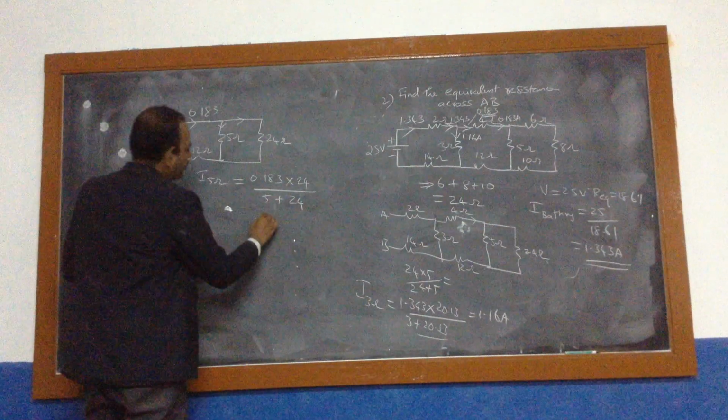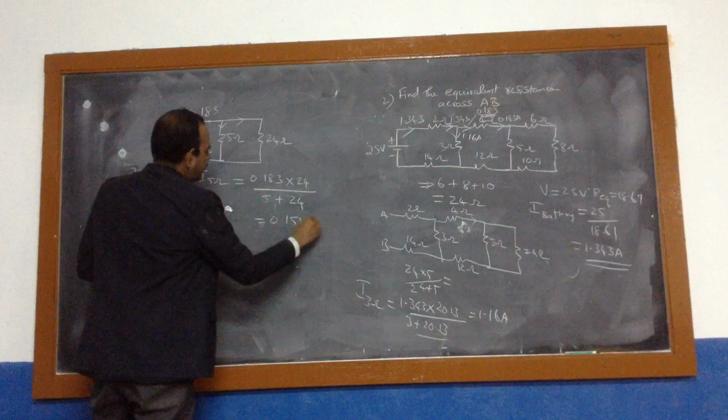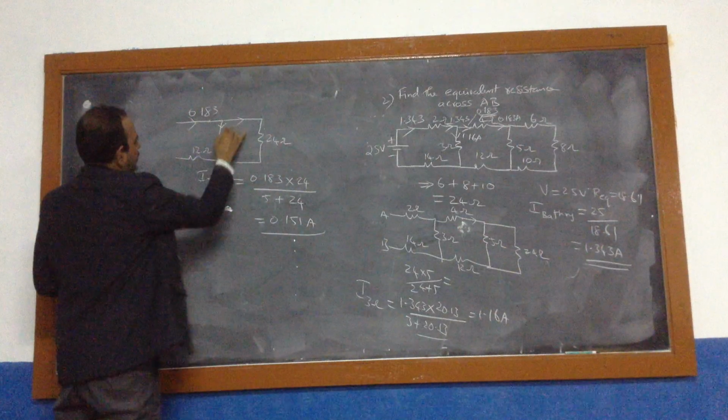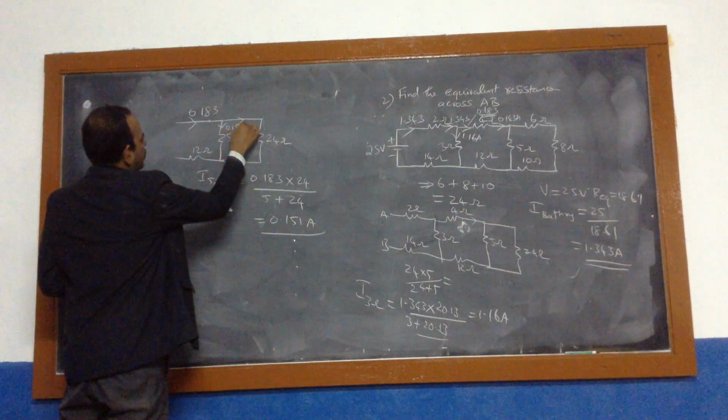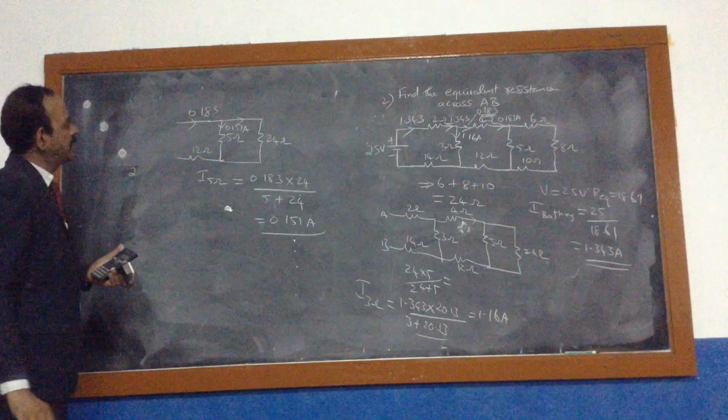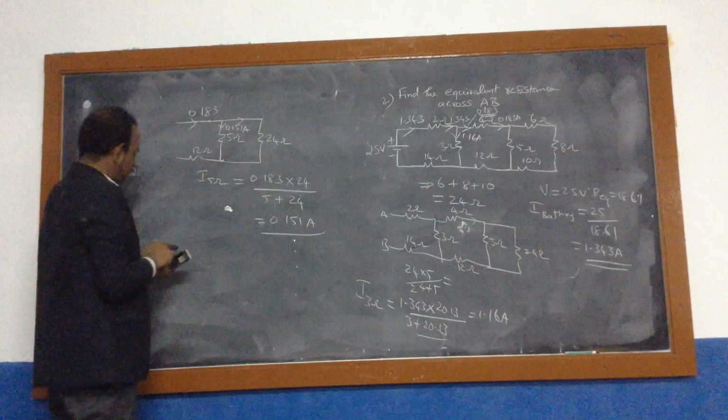We will get 0.151. 0.151 is the current flowing through 5 ohm. Just subtract from 0.183.